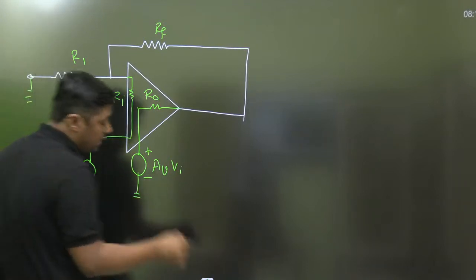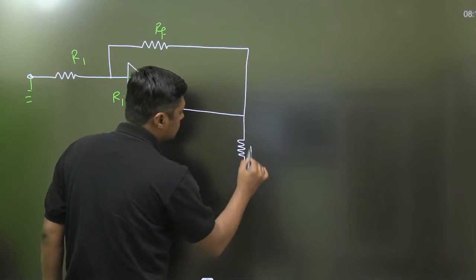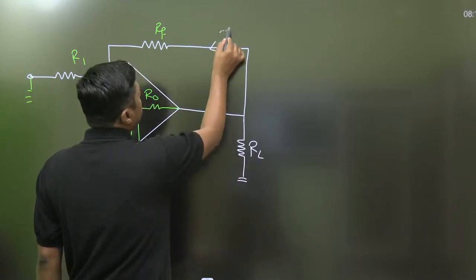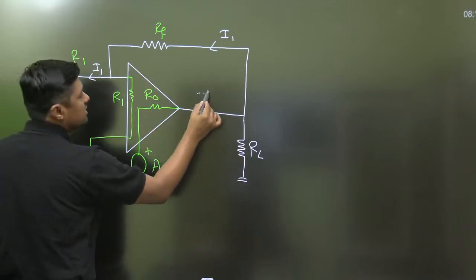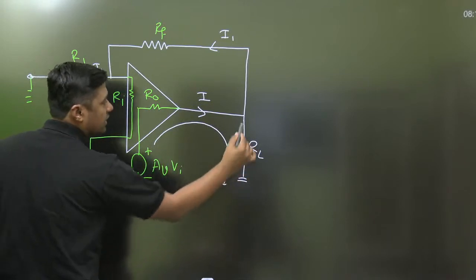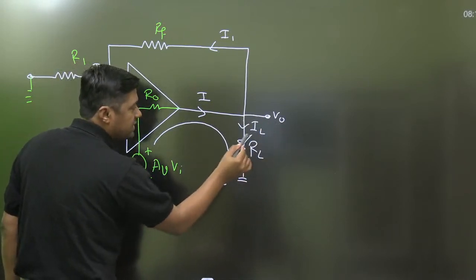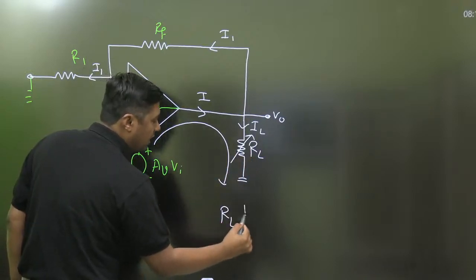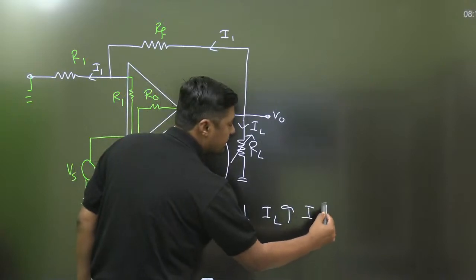Now, here we are connecting RL. In this branch, the current will always remain the same, but this current will change. What is the path of this current? That is the path. When we decrease the value of RL, IL increases, therefore I increases.